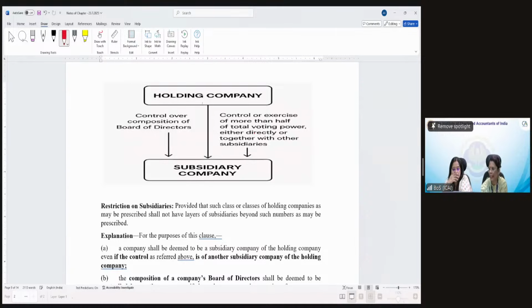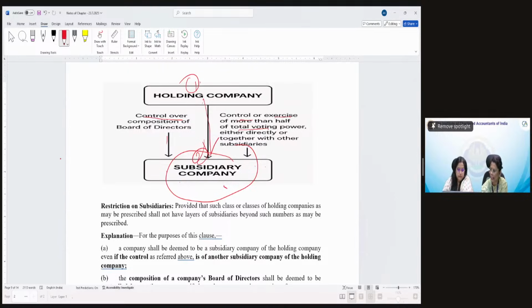If that holding company has control over the composition of the board in the subsidiary company, or control or exercise of more than half of the total voting power, either singly or with one or more other subsidiaries, that means there can be more than one subsidiary company also. If this possibility of control or exercise exists within any company, then that company in which the holding is there is the subsidiary company to this holding company.